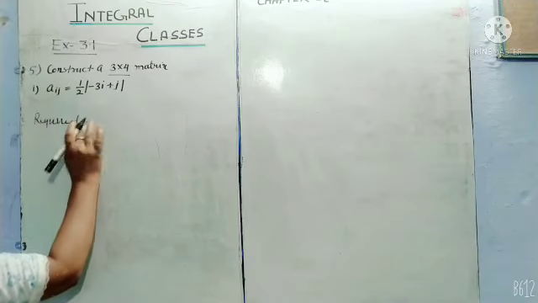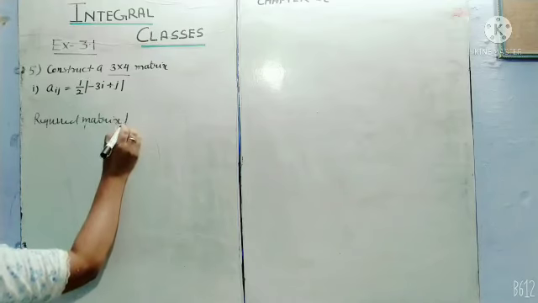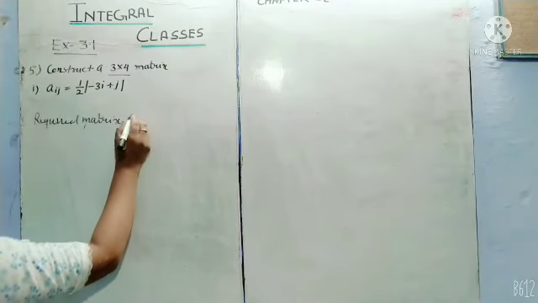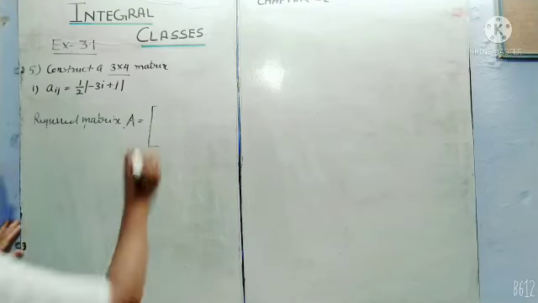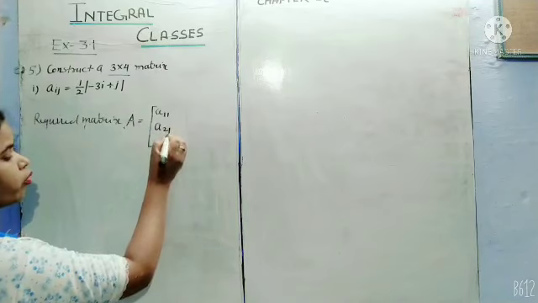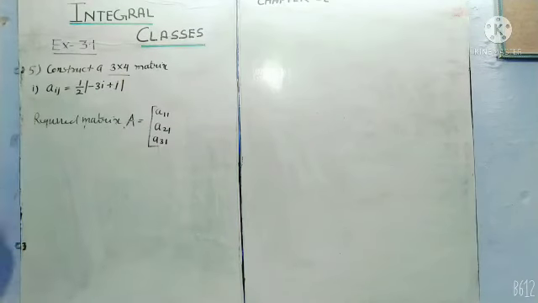matrix, suppose required matrix B, capital A equal to 3 rows. It means A11, A21, A31. How many columns? 4 columns.